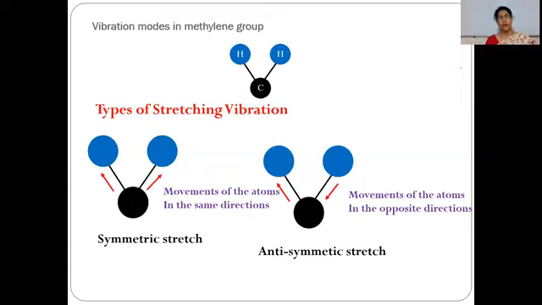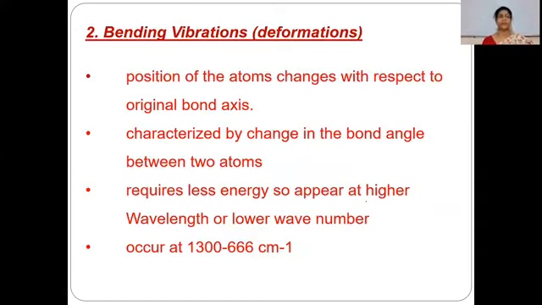In antisymmetric stretch, one of the hydrogen atoms comes closer to the carbon and one is going apart from the carbon. That means the movement is not symmetrical, not similar. This is known as antisymmetric stretch. So movement of the atoms in opposite directions is antisymmetric stretch.